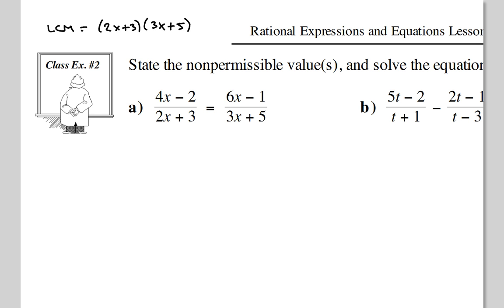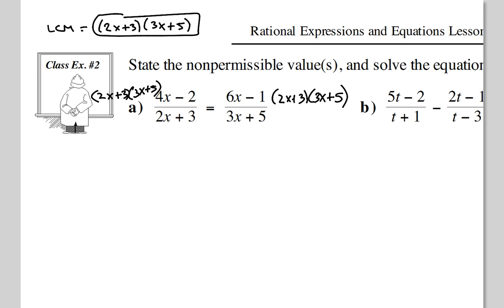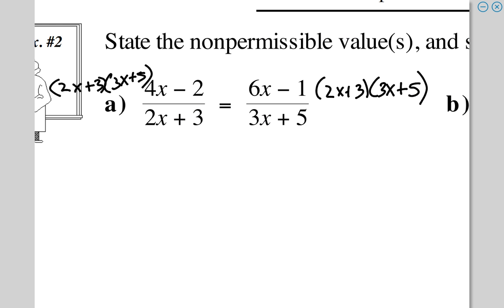So what happens when you multiply both sides by this LCM? So we multiply by the LCM on both sides. And what do you see happening?